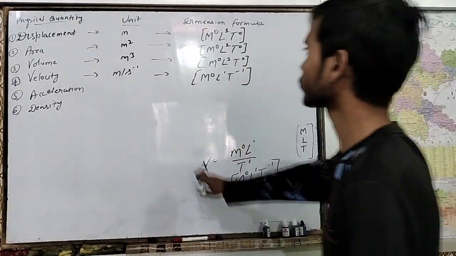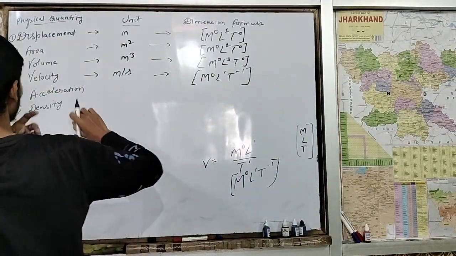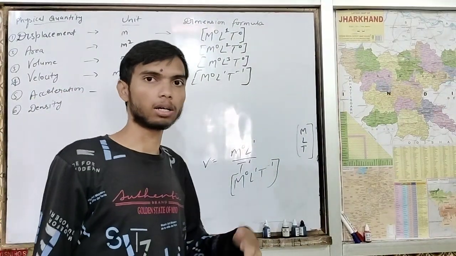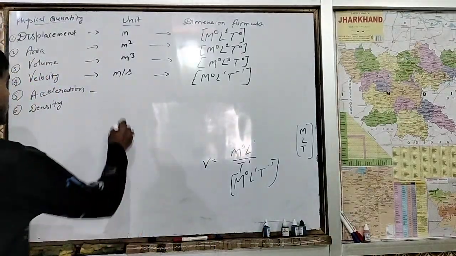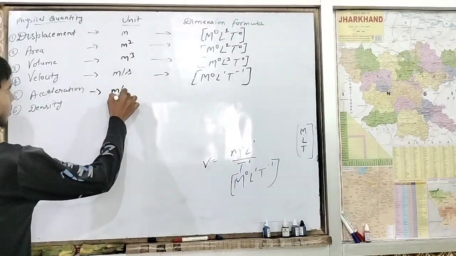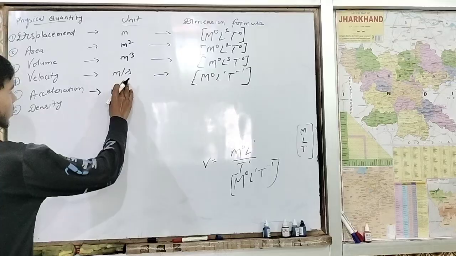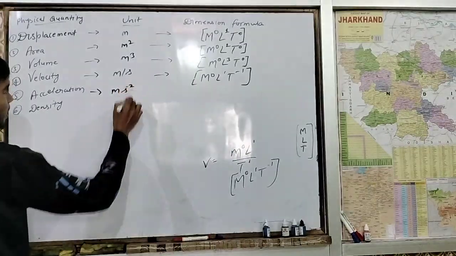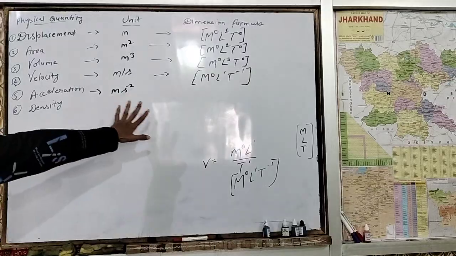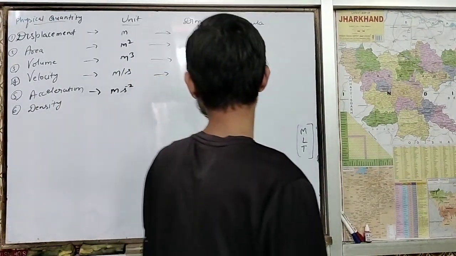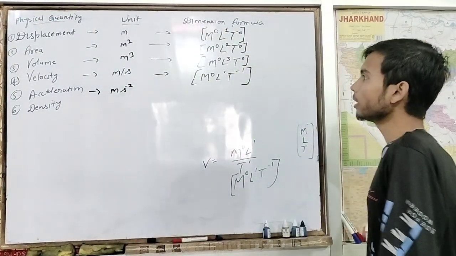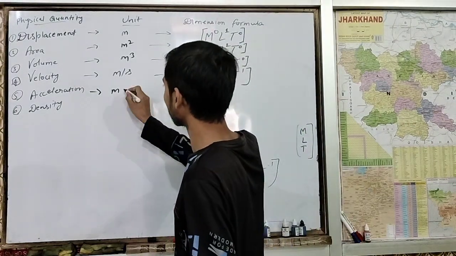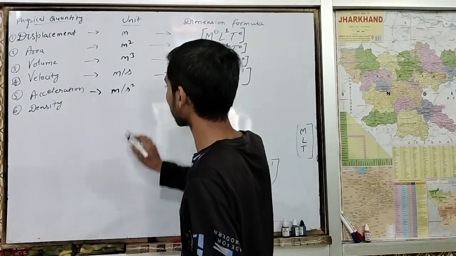For next, we have acceleration. Acceleration is nothing but the unit meter second raised to power -1. This is the unit for acceleration, you know that. Otherwise, you can say meter per second square.